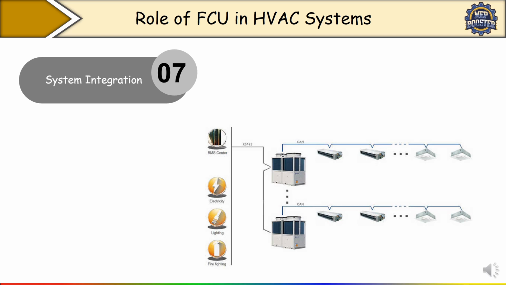Okay, so this is the role of the FCU, fan coil unit, in an HVAC system. So by fulfilling this role, the fan coil unit contributes significantly to maintaining a comfortable, energy efficient and healthy indoor environment across various building types.